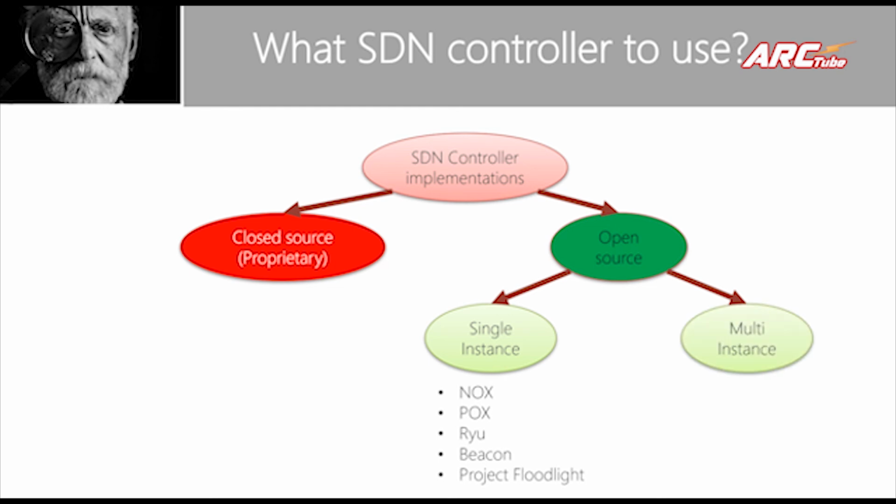And then, of course, you have multi-instance SDN control implementations. This includes the popular ones like ONOS, which we discussed a few minutes back, and ODL, which stands for OpenDaylight, and also Tungsten Fabric, and also OpenContrail. Now, if you take ONOS, ODL, and Tungsten Fabric, they are all managed under the Linux Foundation. And ONOS and ODL seem to be the popular ones among service providers especially.